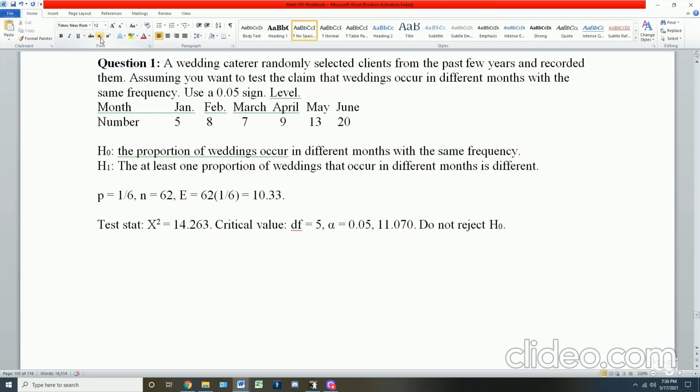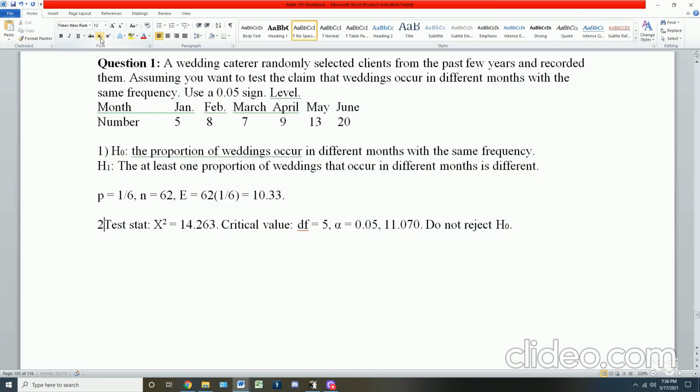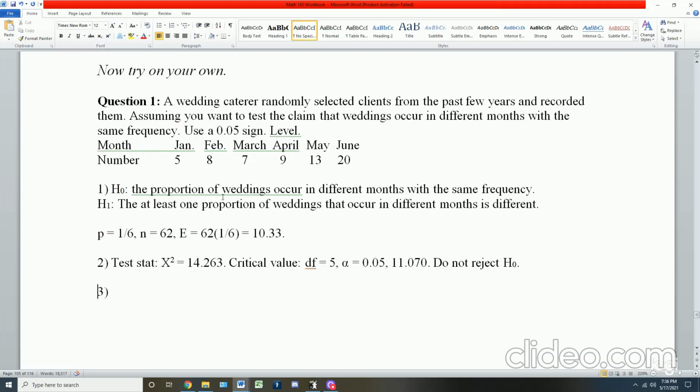Okay, so therefore, when it comes to our conclusion, this is step 1, this is step 2, and then finally step 3, our conclusion. So we're just going to copy exactly which one's correct. If we do not reject, then our null hypothesis was actually correct to begin with.